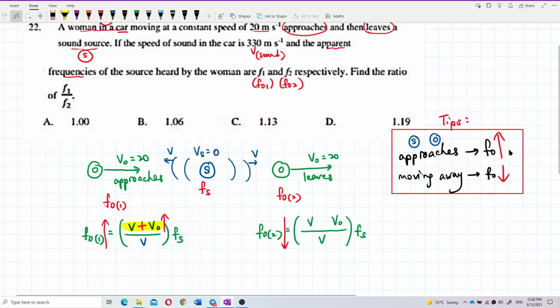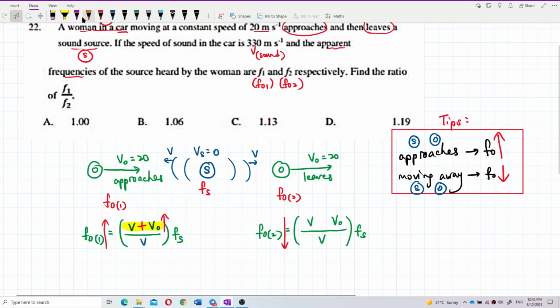But no matter who is leaving who, source leaving or observer leaving, the observed frequency should always decrease. Understand?